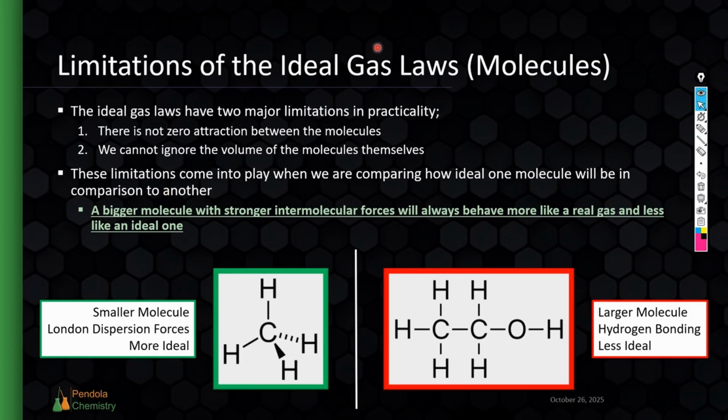Normally, this type of question is asked with a comparison of molecules. So we are going to compare 2, 3, 4 different molecules and essentially say, okay, which ones are more ideal, which ones fit all of the assumptions of the ideal gas law we discussed, and which ones are more real, which ones deviate from those assumptions more because of these two limitations that we just discussed here.